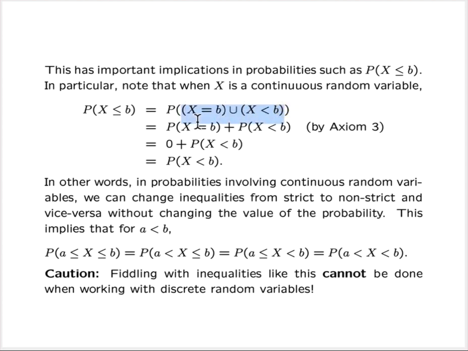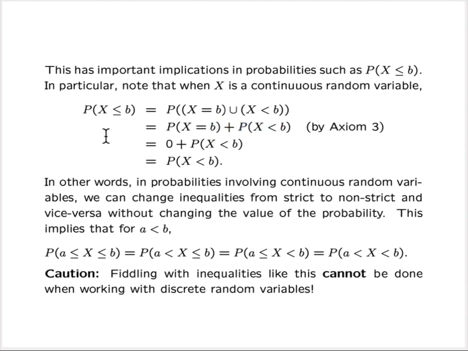The first being the probability that X is equal to B, and the second being the probability that X is strictly less than B. And the reason is X is less than or equal to B if and only if it's either equal to B or it's less than B. Now, these two events that are connected with union, or connected with the logical or, if you want to think of it that way, are disjoint or mutually exclusive events. And so by axiom 3, the probability of their union is equal to the sum of their individual probabilities.